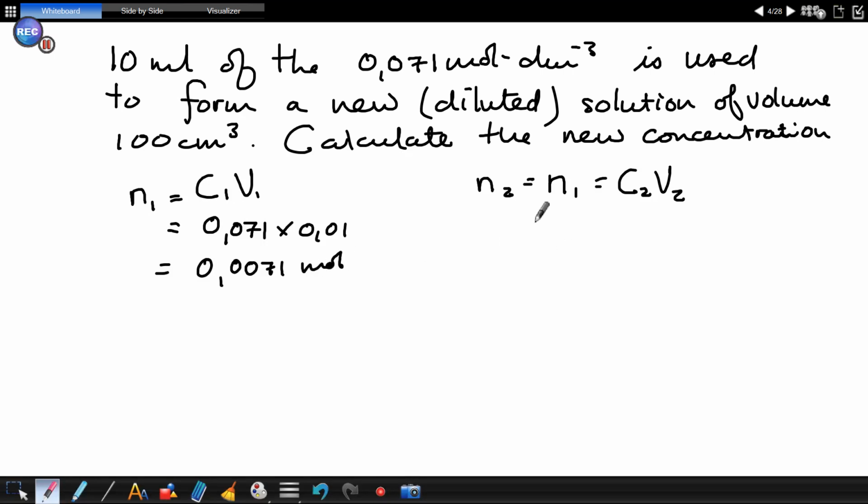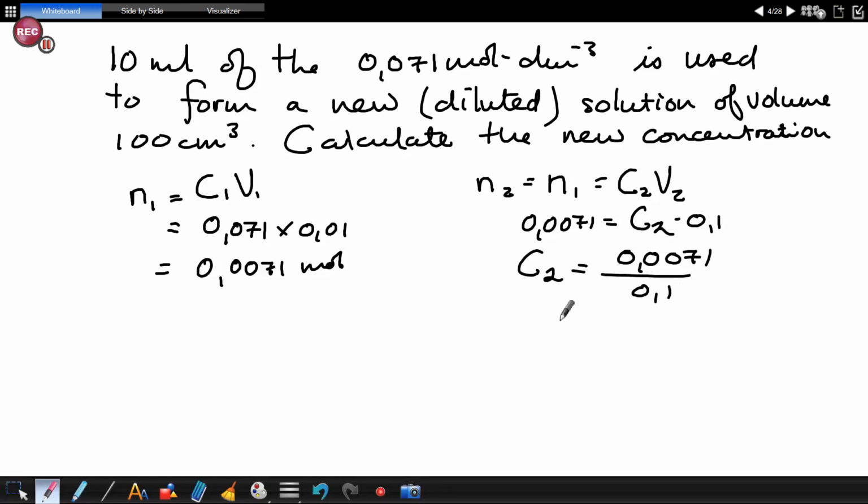This moles is going in here. 0.0071 equals concentration is what we're calculating, and this is 0,1. Okay, so C2 is 0.0071 divided by 0.1. Just check your decimals there.